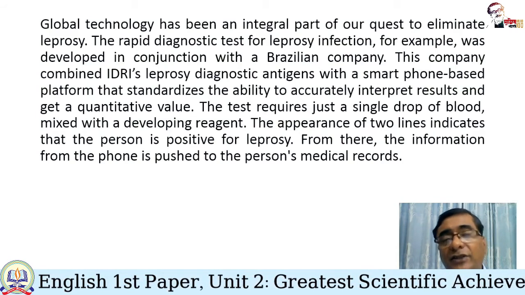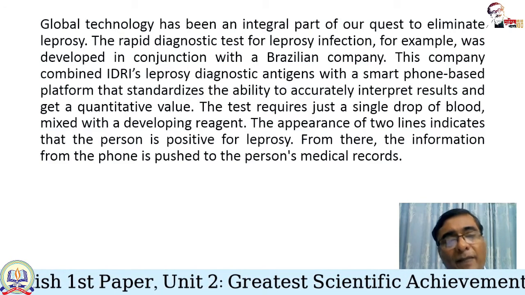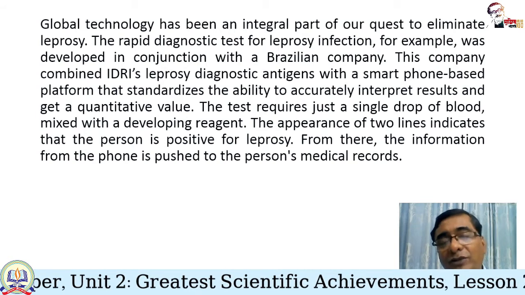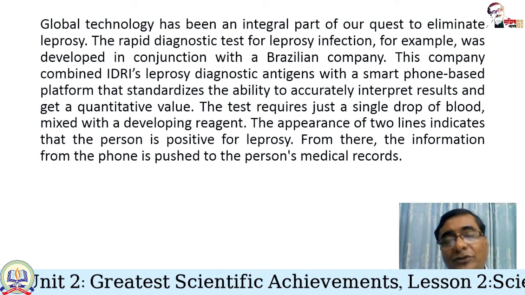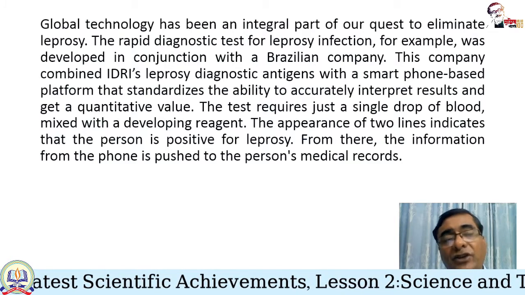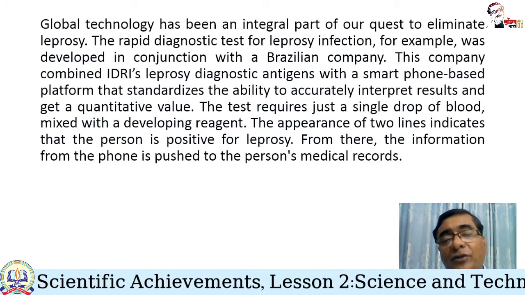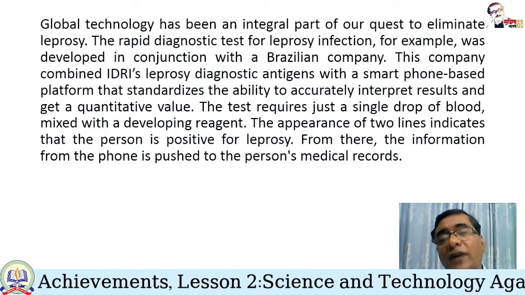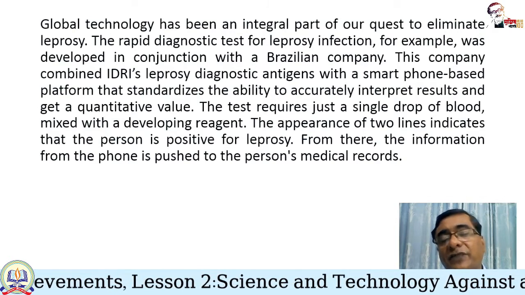The test requires just a single drop of blood mixed with a developing reagent. So what do they need to test whether a person is infected by leprosy or not? They just need a drop of blood and the reagent. The appearance of two lines indicates that the person is positive for leprosy.